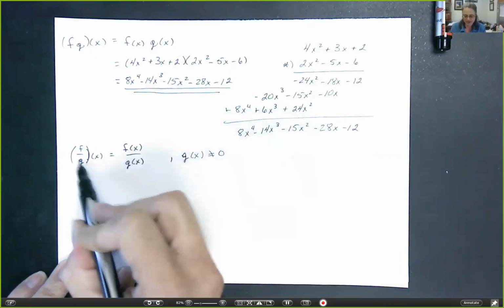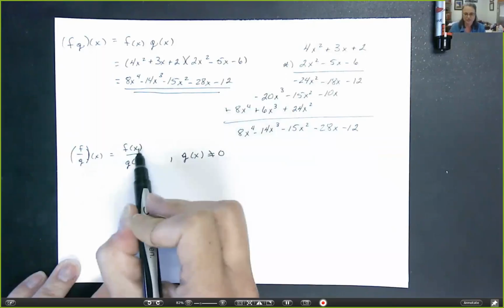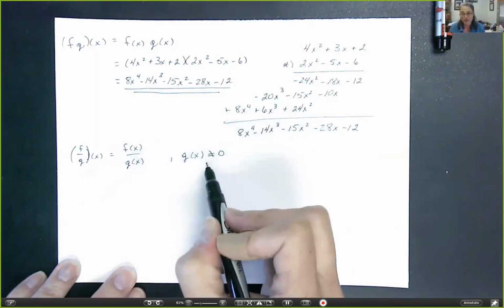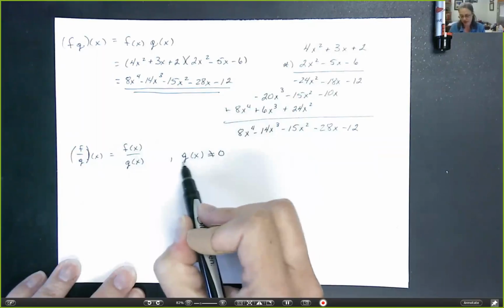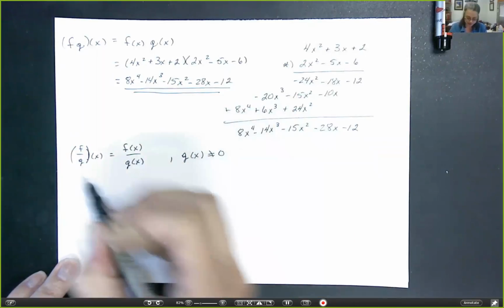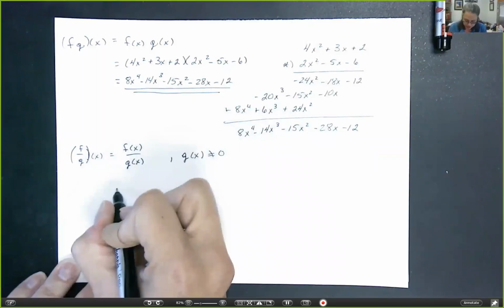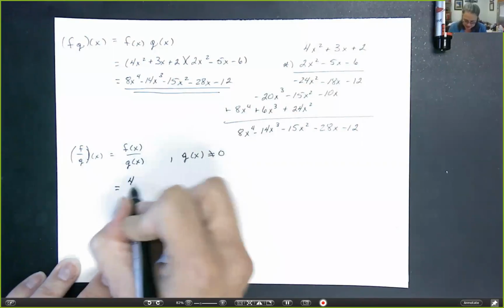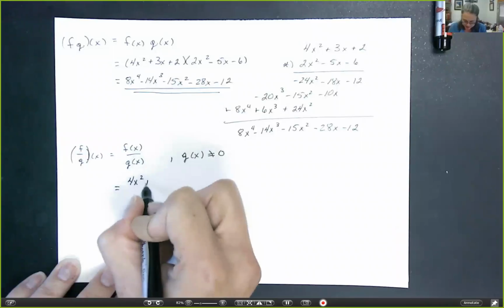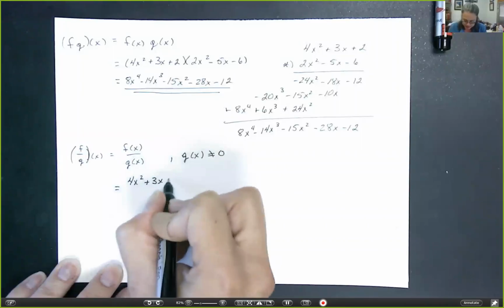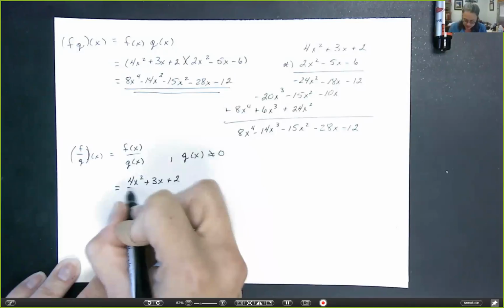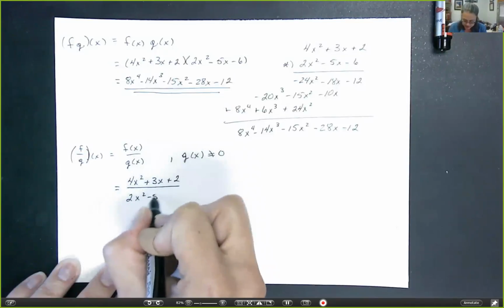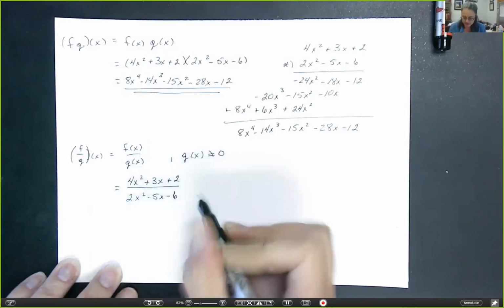So in other words, this expression will be undefined at the number or numbers where the function g is equal to 0. So for the functions I have at hand, this is going to be 4x squared plus 3x plus 2 over 2x squared minus 5x minus 6.